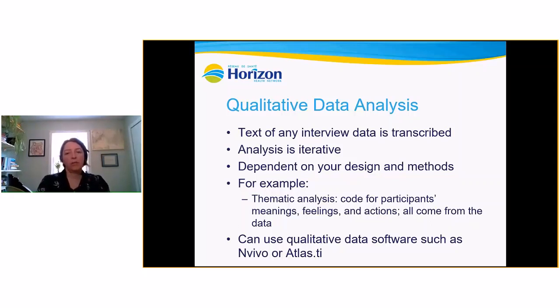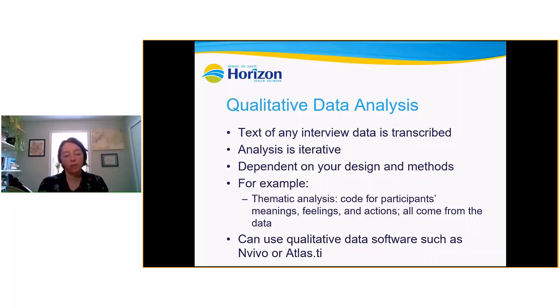Essentially, you're looking for participants' meanings, feelings, and actions, meaningful pieces of your data, and similarities across people or participants, and you're generating these codes from the data itself.